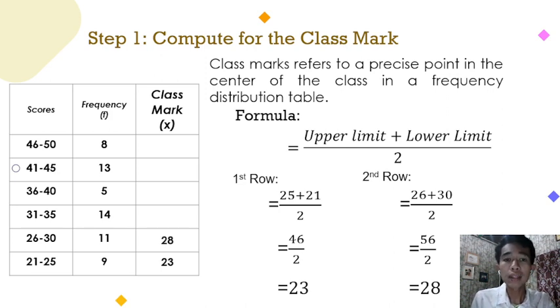If you notice the class interval in our frequency distribution table, our class interval here is 5. So if we know our class interval, we must just add the class interval to the first class mark. 23 plus 5 is equal to 28, and 28 plus 5 is equal to 33, 33 plus 5 is equal to 38, 38 plus 5 is equal to 43, and 43 plus 5 is equal to 48.